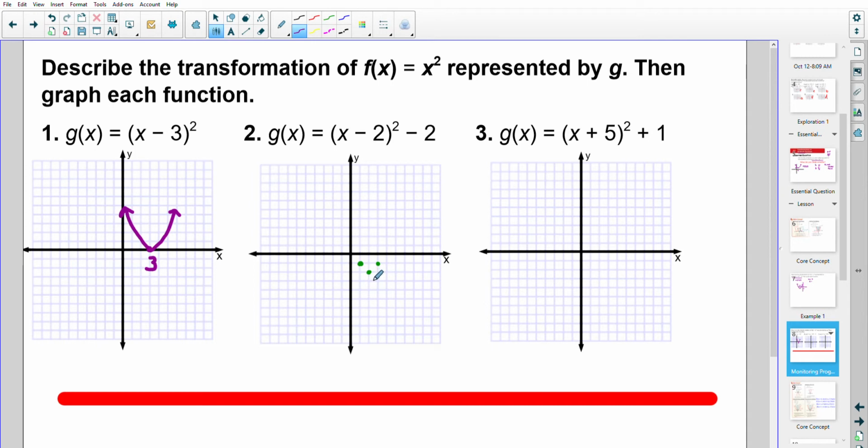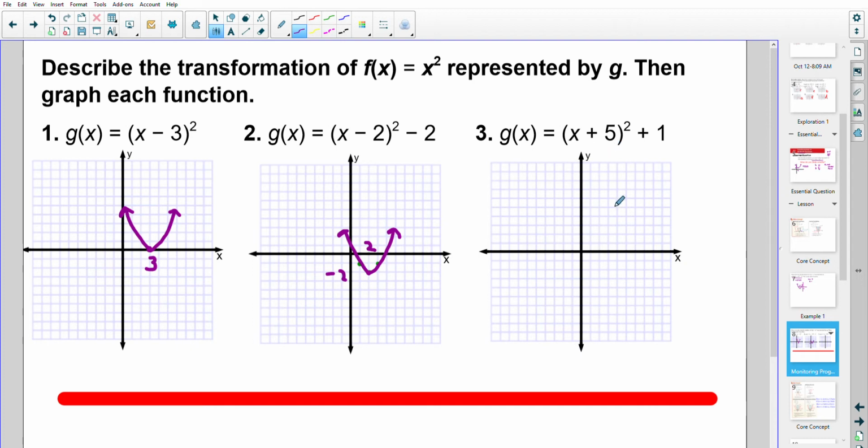So this point right here, 2 to the right and 2 down, that's going to be your vertex, and it's going to be going up again. Again, I would like to see that this is clearly marked as a 2 and a -2, showing what that vertex is all about.